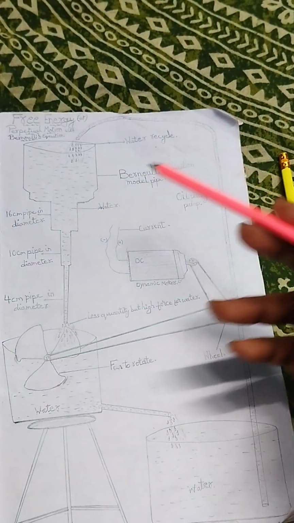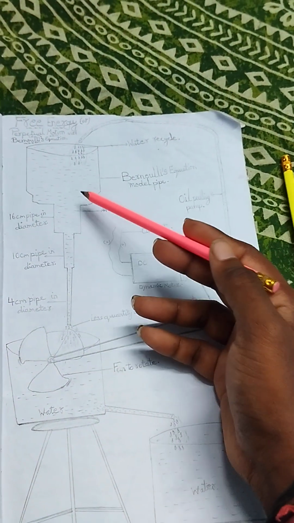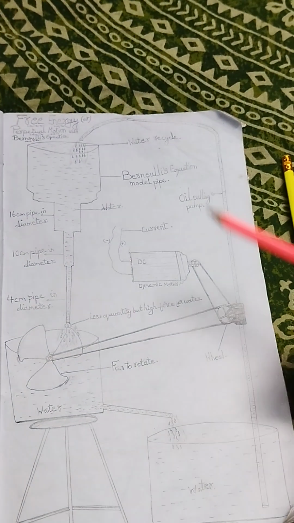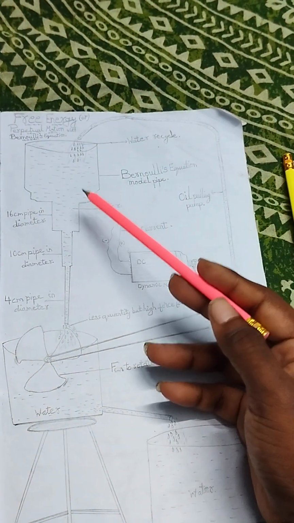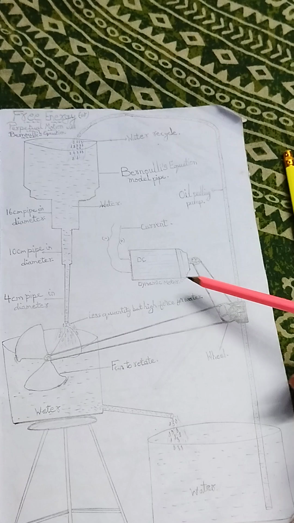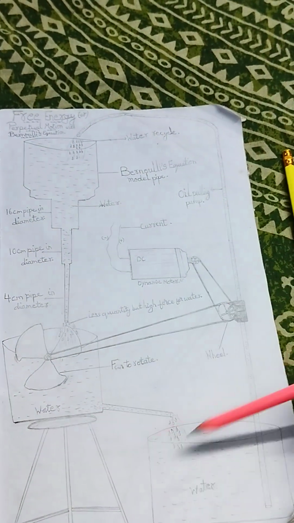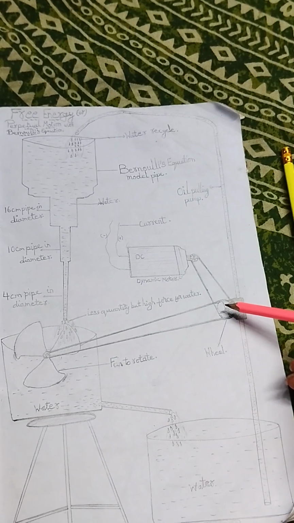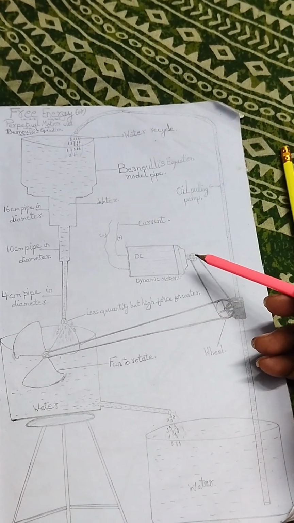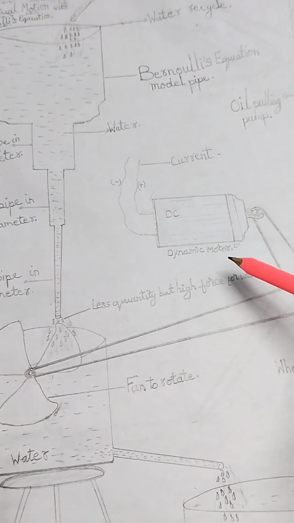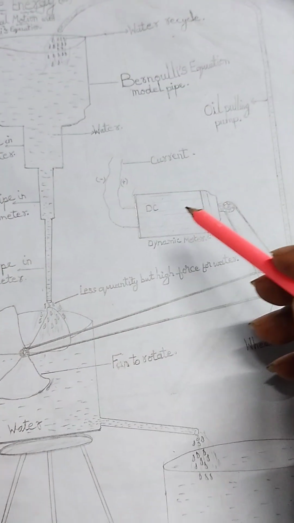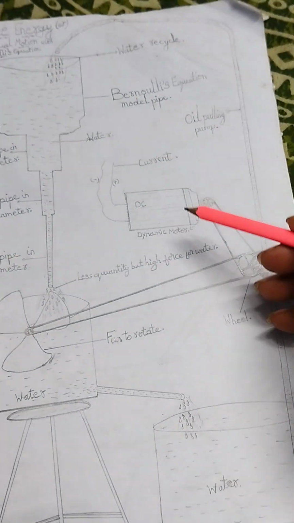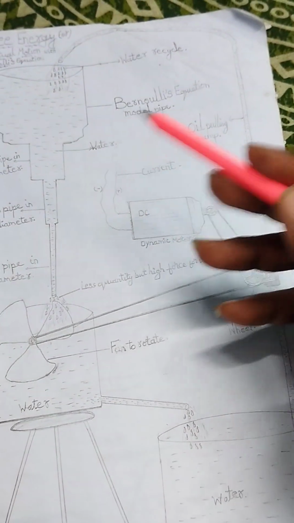This is not going to stop because it is getting enough water, right? Now it will keep happening, it will be in motion. Another wheel will be connected to this motor. This is a DC motor, a dynamic motor. With a DC motor we get current, because when it rotates, it produces current.